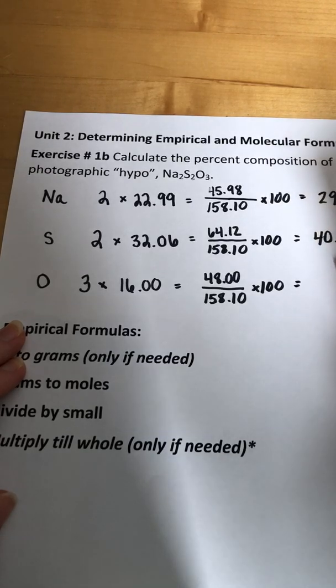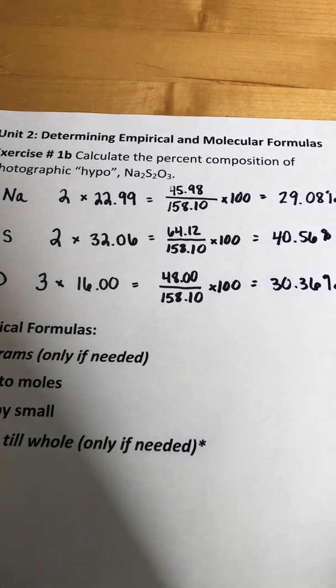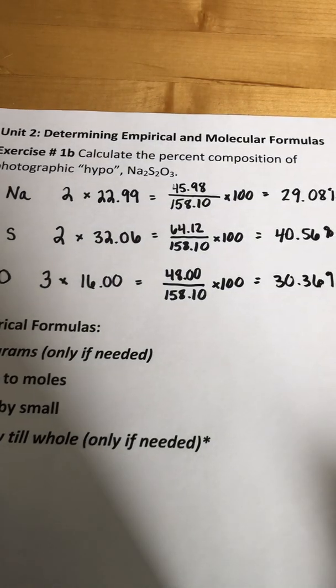And then that's it. On your percent composition problems, all you're doing is calculating, of the mass of the whole compound, what percent each element contributes. If you can do formula masses, it's just a version of that.